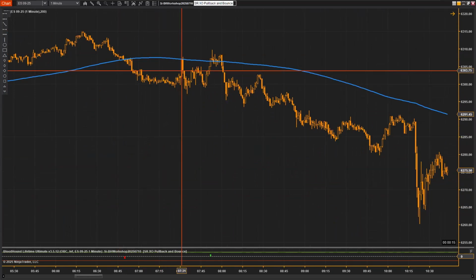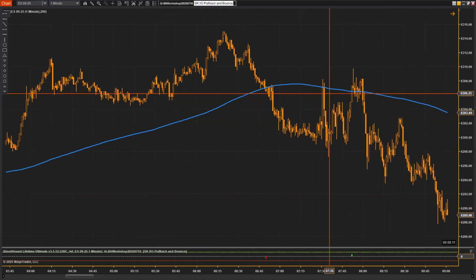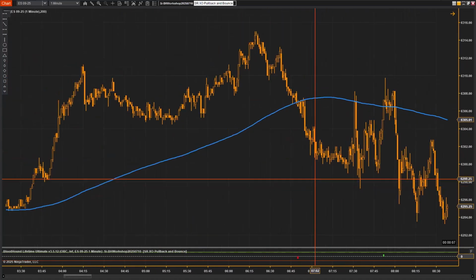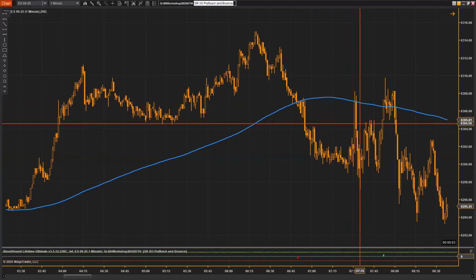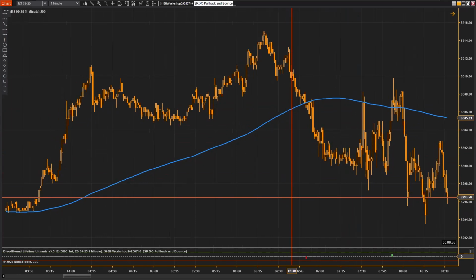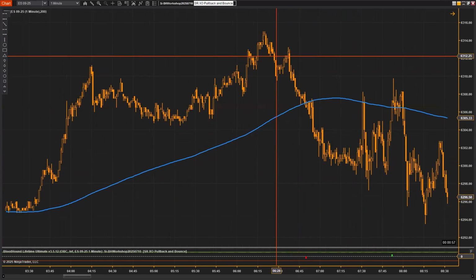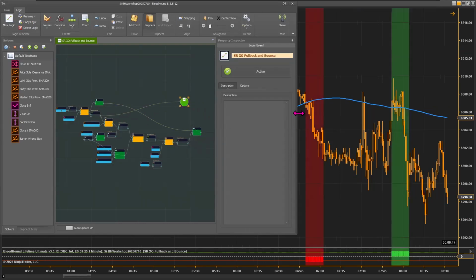We got a cross down, and we did get a bounce off of that. Let's see what happened here. Look at that. A single bar pullback, and then a very quick bounce off of that. So let's see what's going on there. Okay, here's our cross down.